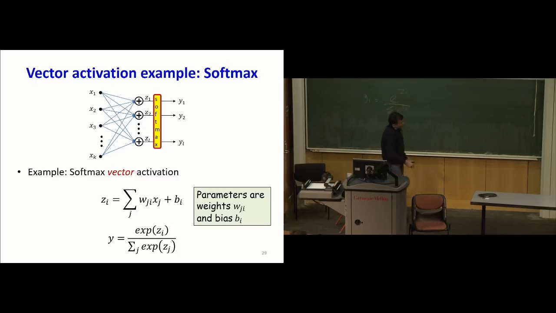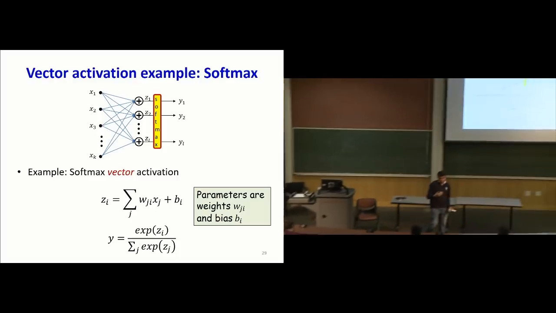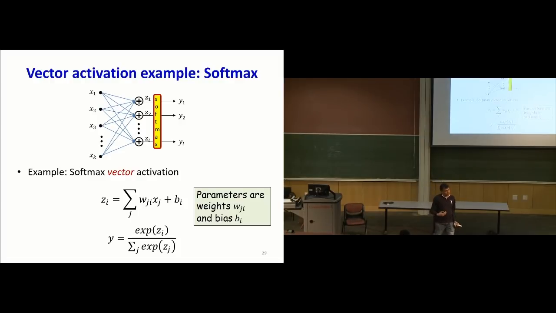What happens if I increase z1? If I increase z1, will y1 increase or decrease? It's going to increase. What happens to the other y's? They decrease because they must all sum to 1.